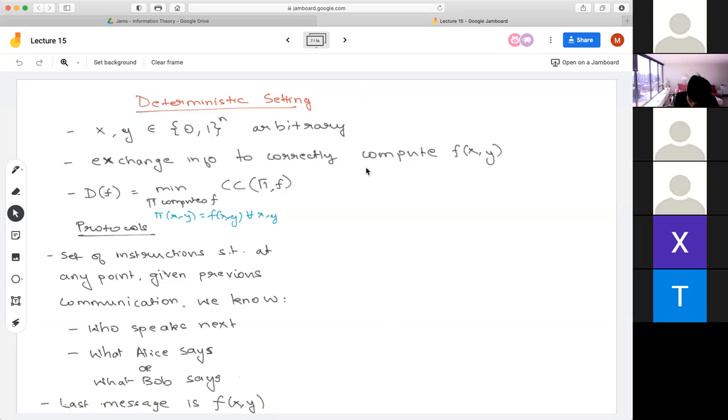And the communication complexity of pi on f is just the maximum over the input pairs of the number of bits exchanged in the communication.